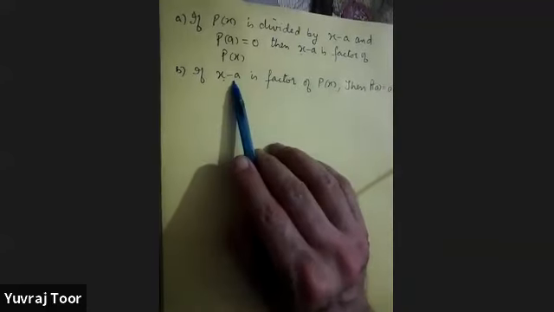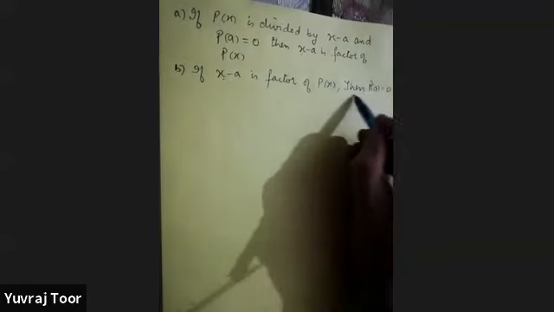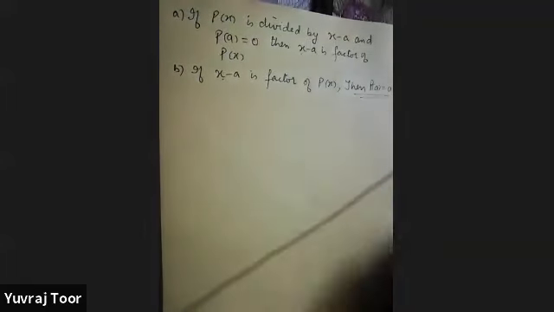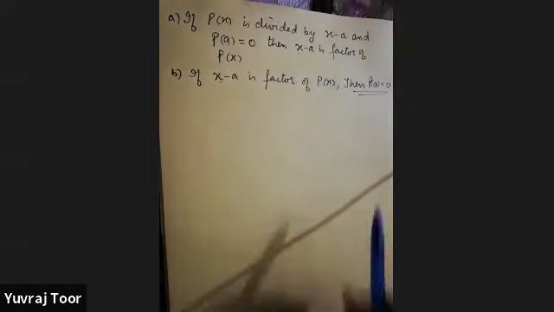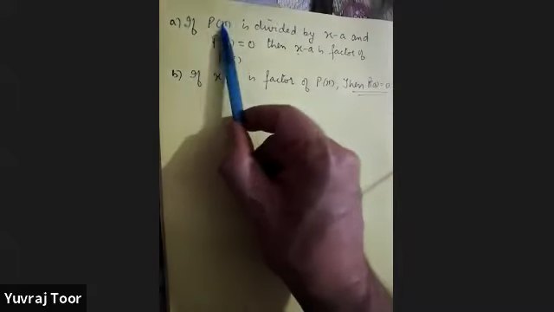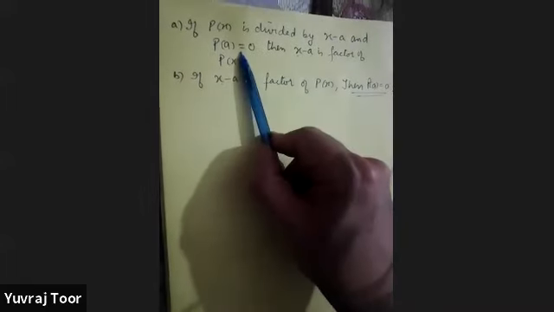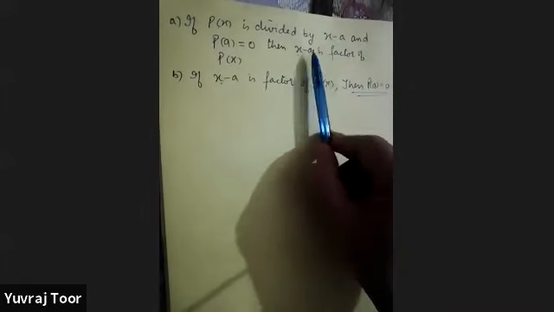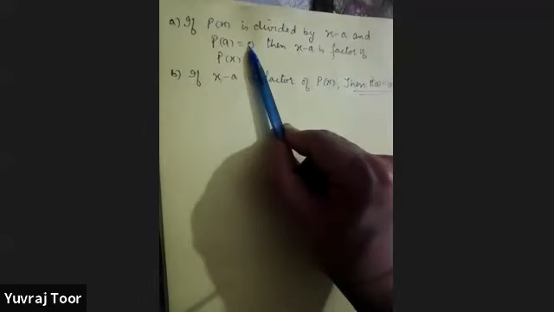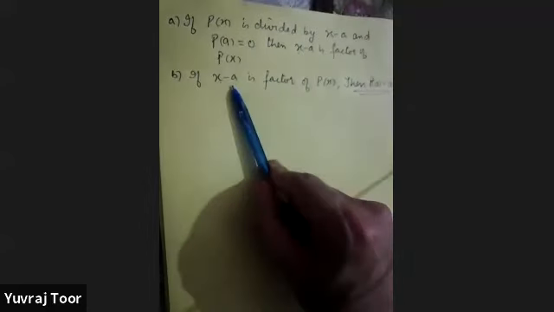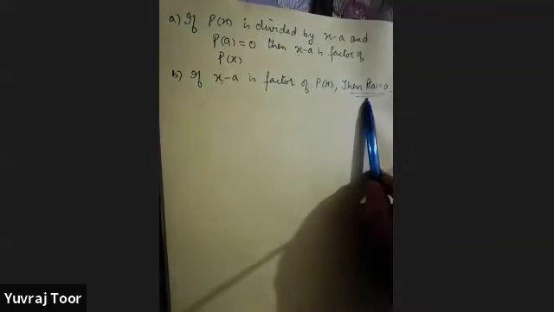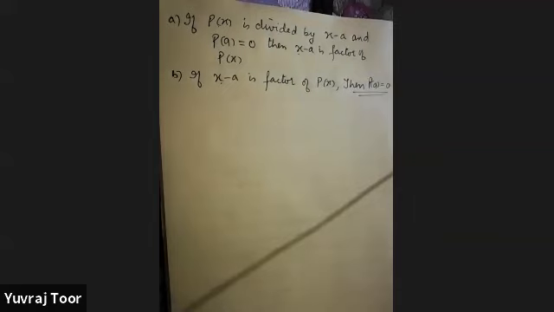When the question declares that it is a factor, then you can use this result. These are the two key things you have to remember. I'll repeat. There are two versions. One, you are dividing with some linear polynomial and you get 0, then you declare this as a factor. The other, when the question has already said this is a factor, then you can use this relation. Any doubt?